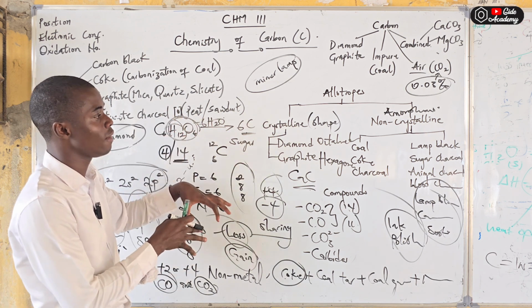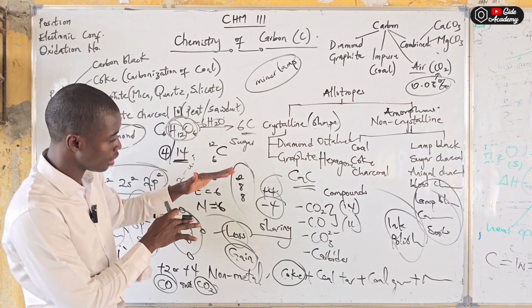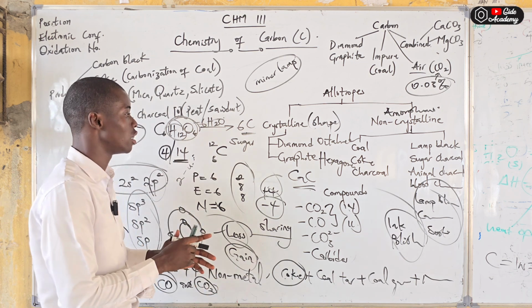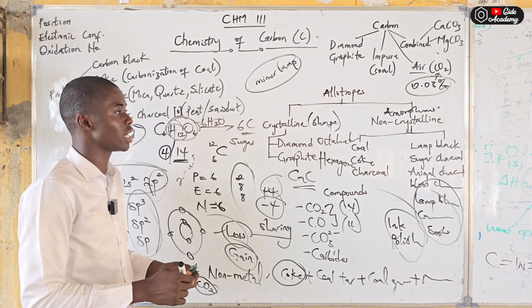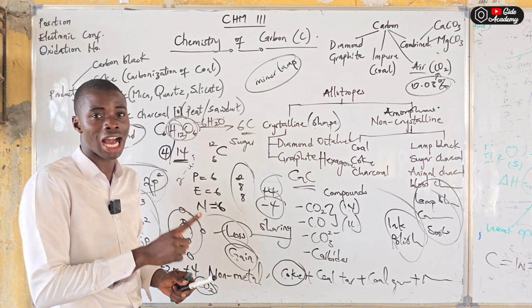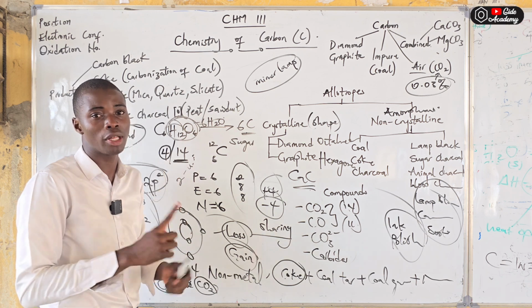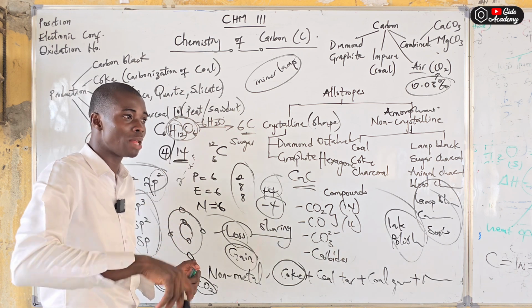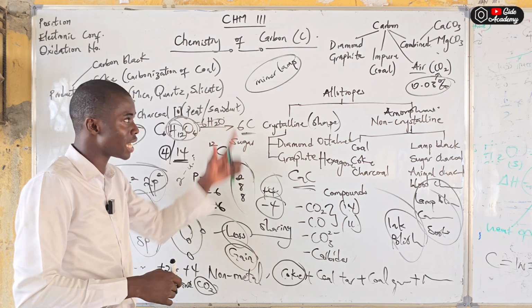So we have a lot of things to discuss about carbon. We can't go deeper than this, because if you move a step further, we are going to enter organic chemistry. Carbon is very broad. Like I said, there is no element in the periodic table that has more compounds than carbon. Carbon has millions, even billions of compounds. If you combine the compounds of all the other elements in the periodic table, they are not up to that of carbon.